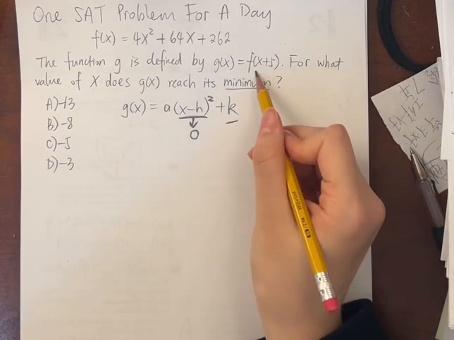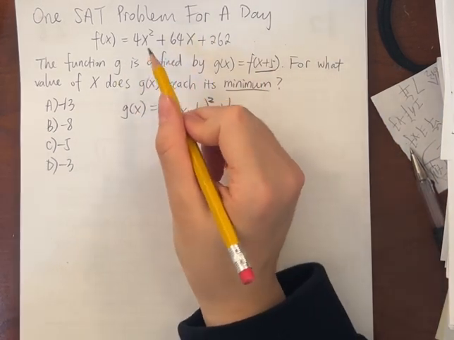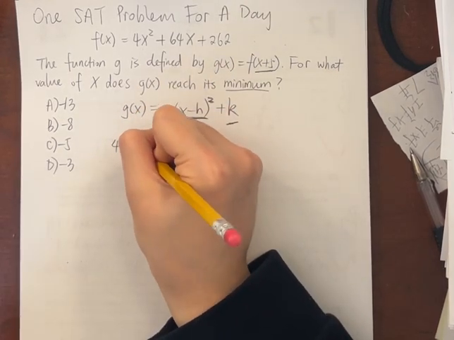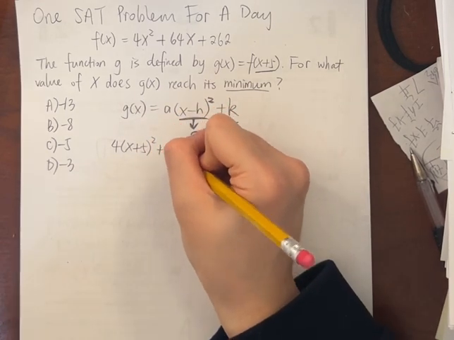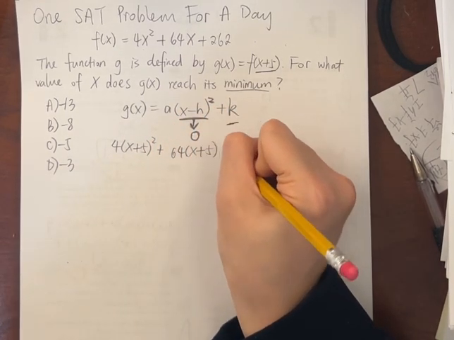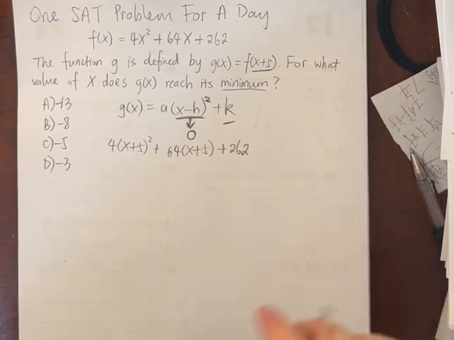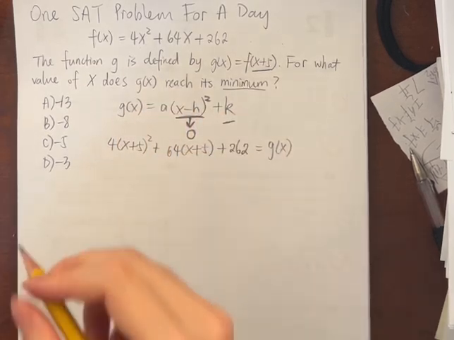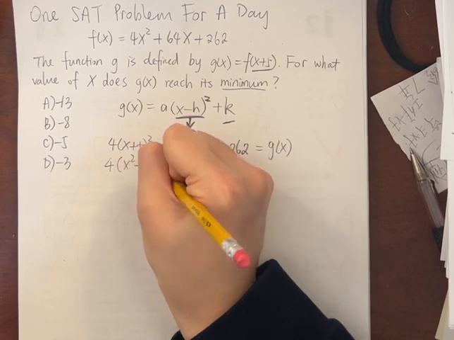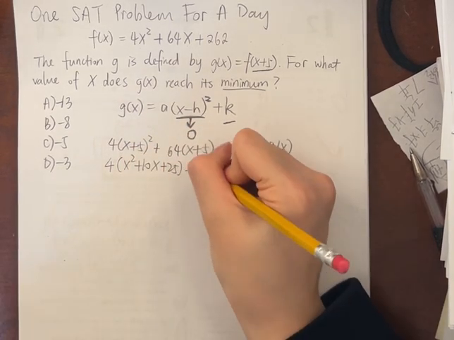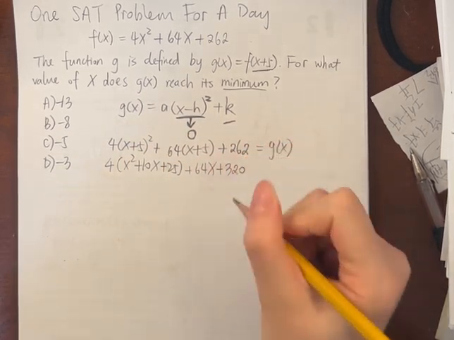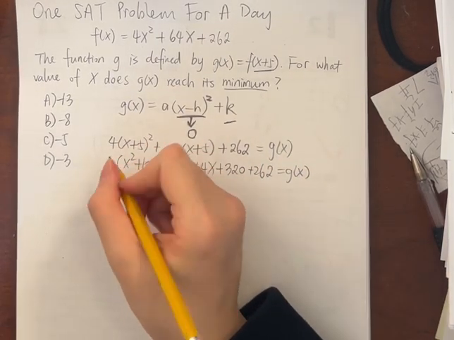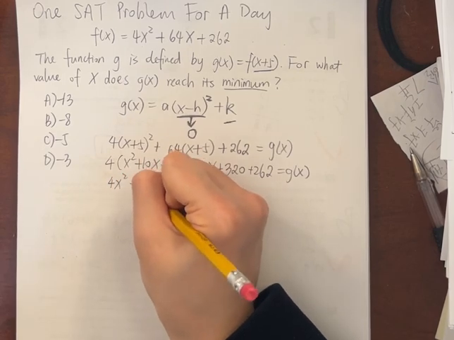So let's plug in these numbers everywhere that x occurs, so we can get a new function which looks like this. This will be our g of x, and then we expand these and plug in 4 into everywhere in this parenthesis.